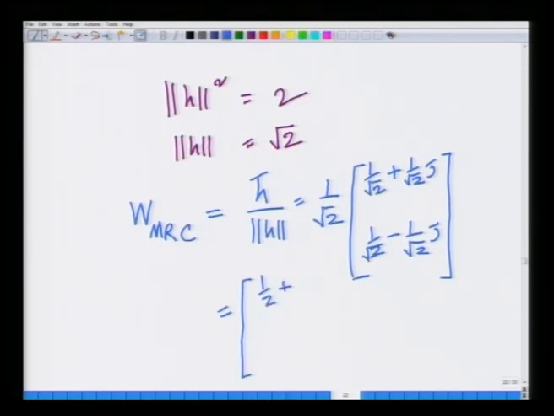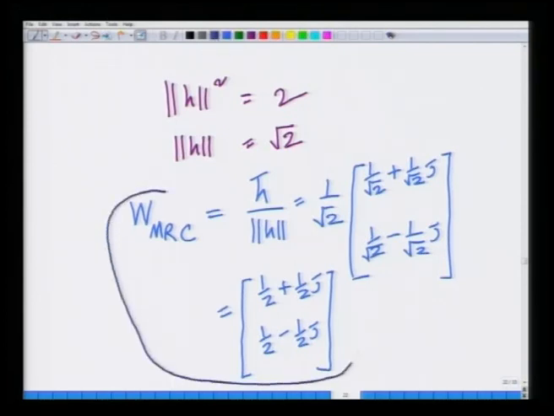So, this is half plus half j, half minus half j, and this is the maximal ratio combining vector.